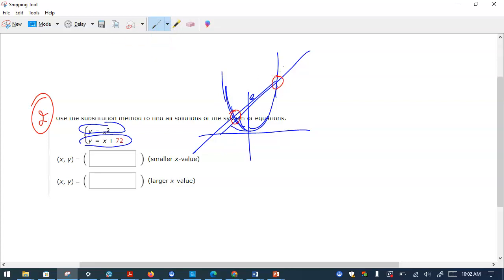So for this, you plug in x squared, the first equation, into the second equation. So you are substituting x squared in 2.